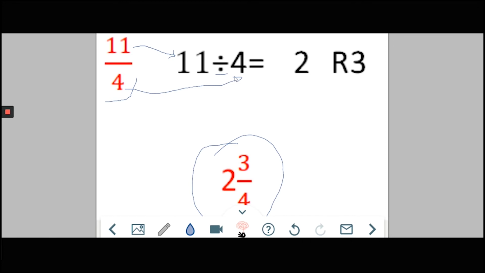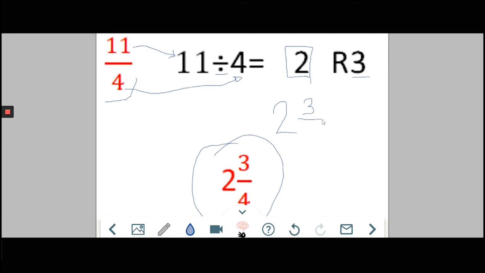So how many groups of 4 can we make out of the number 11? Well, we can make 2 groups, and then we have 3 left over, a remainder of 3. So 2, that's our whole number. Then we have 3 left over, so that becomes our new numerator.